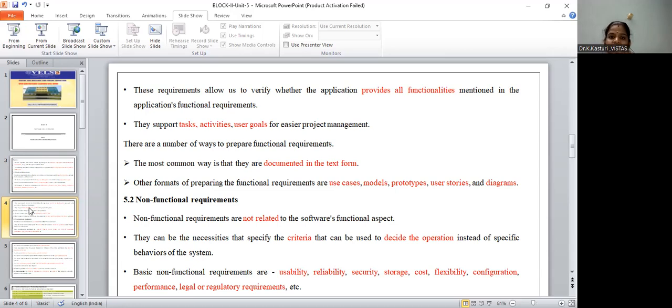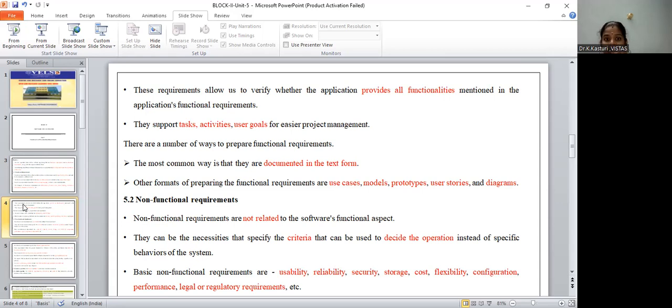It specifies the criteria that can be used to decide the operation. If the functional requirement is an operation, a non-functional requirement is deciding the operation. Therefore, deciding the operation is a non-functional requirement, and the original operation is a functional requirement.